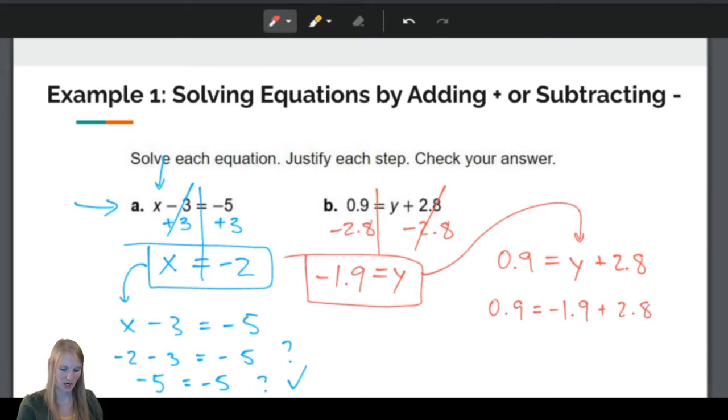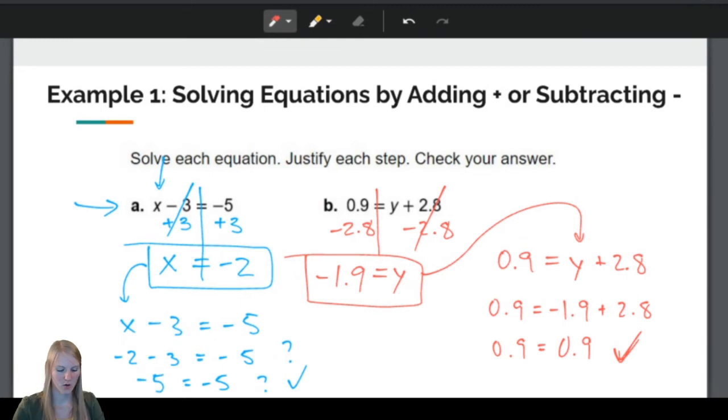Negative 1.9 plus 2.8. And we get 0.9 equals 0.9. Look at that! The same thing. That is indeed true. 0.9 is equal to 0.9.